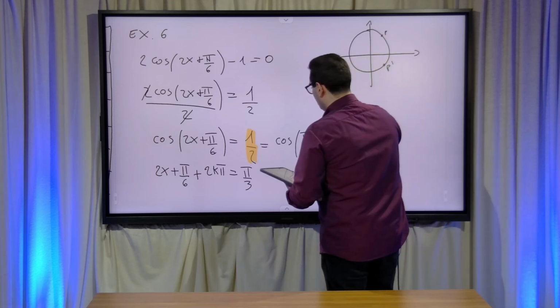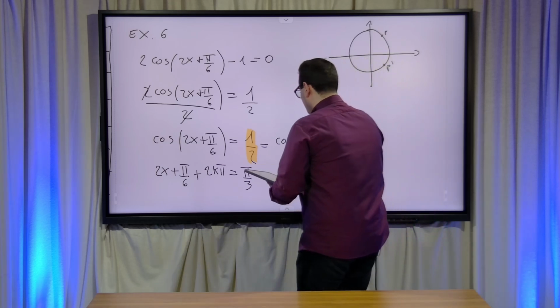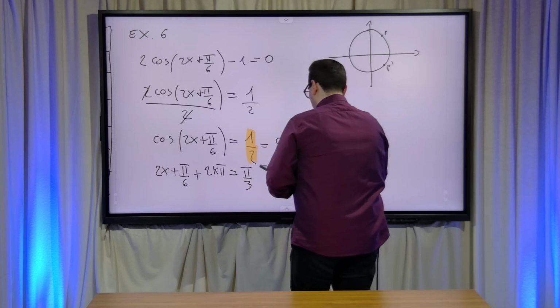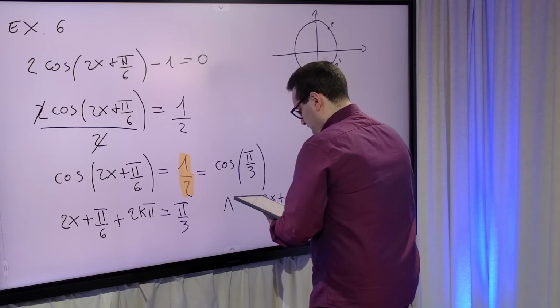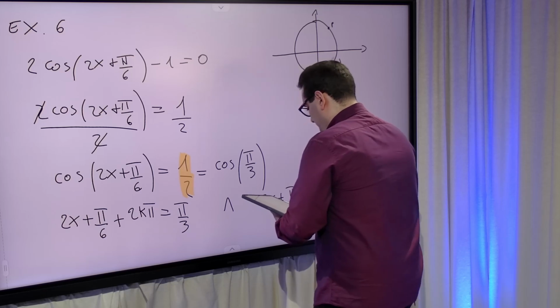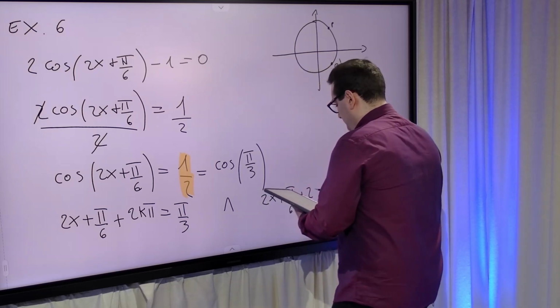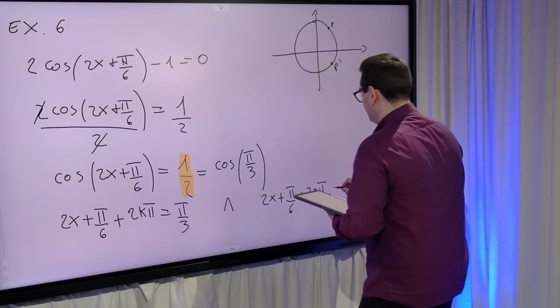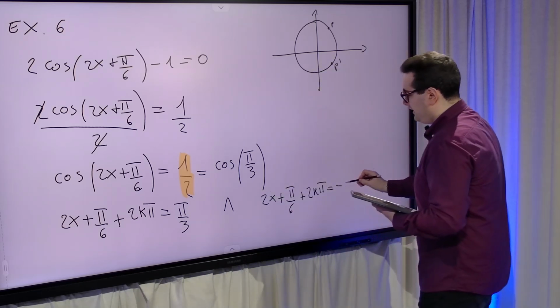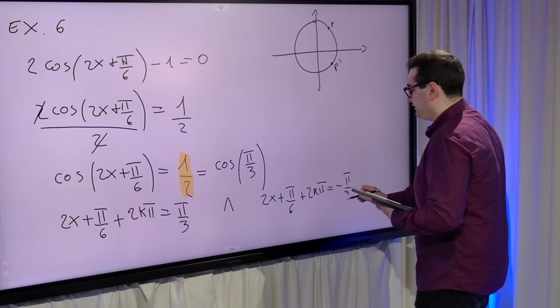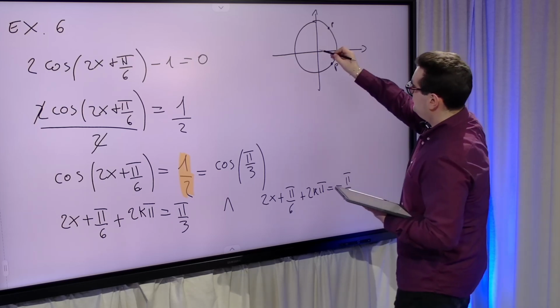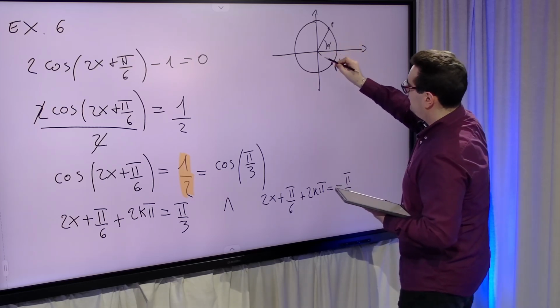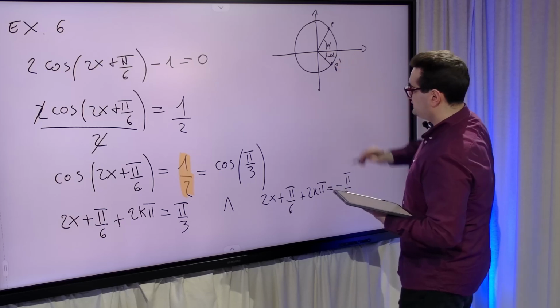So this is one solution. The other one is 2x plus pi over 6 plus 2k pi is equal to minus pi over 3. That is, if this is alpha, this is minus alpha.